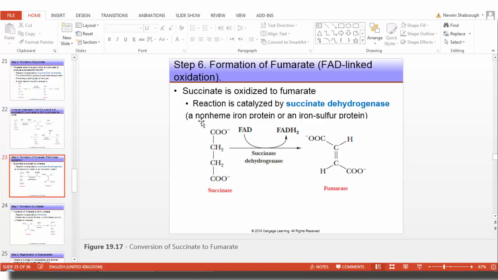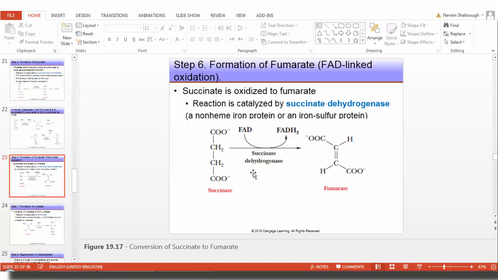It's also called a non-heme iron protein or an iron-sulfur protein. Succinate dehydrogenase contains iron atoms but does not contain a heme. That's why it's called a non-heme iron protein.